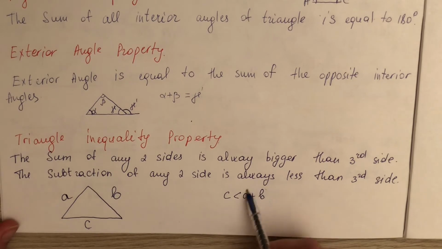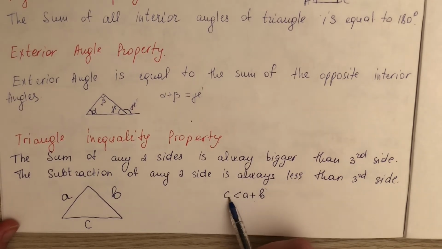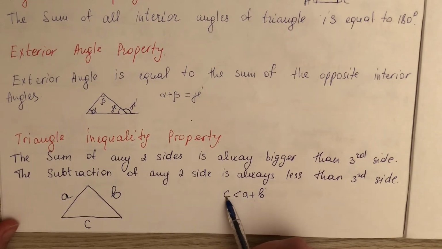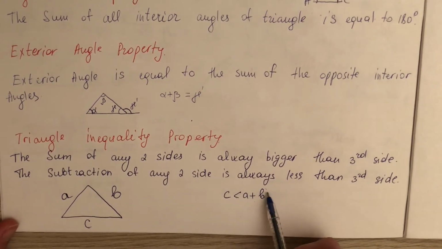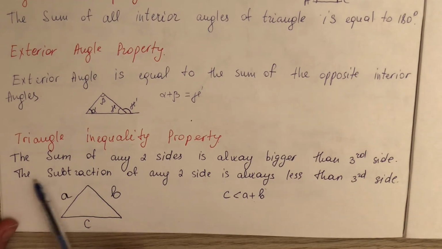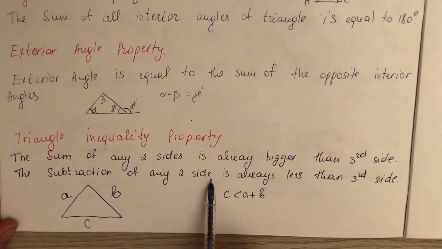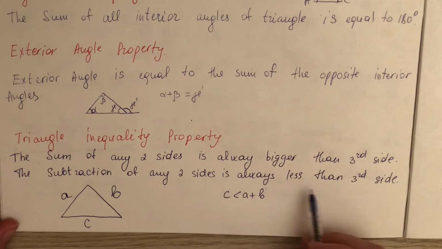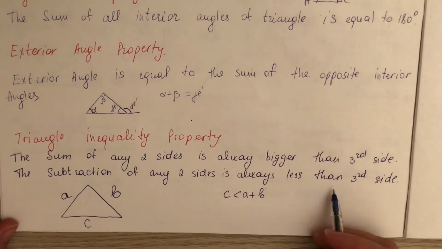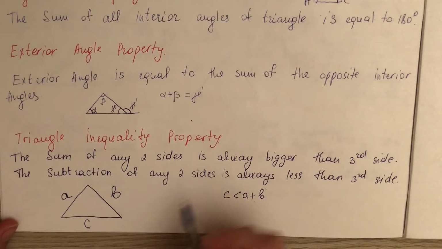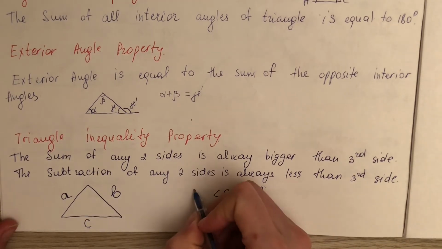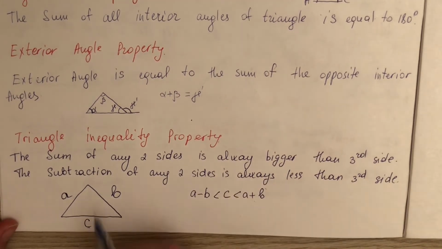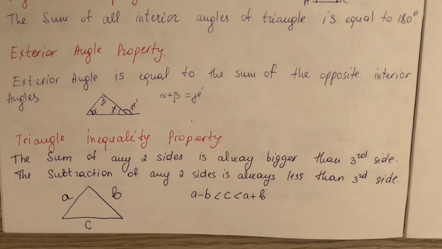The sum of A and B is always bigger than C. C, the third side, is less than the sum of the other two sides. But the subtraction of any two sides is always less than the third side. So the third side C is always greater than the subtraction of these two sides.